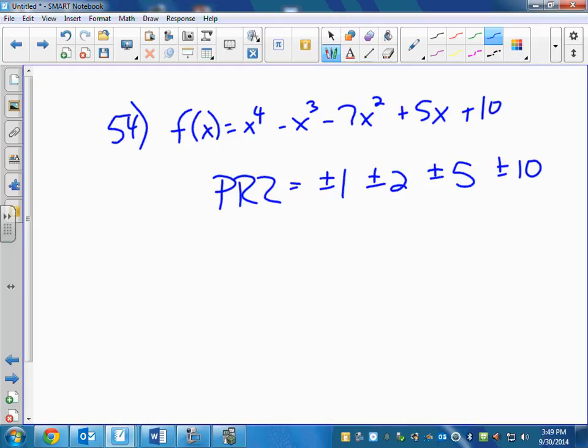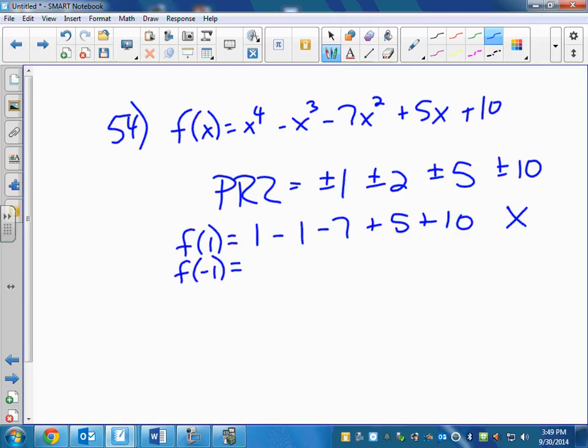And if I check 1, I get 1 minus 1 minus 7 plus 5 plus 10. That's not going to work. If I check negative 1, I get 1 plus 1 minus 7 minus 5 plus 10. 12, 10, 11, 12.